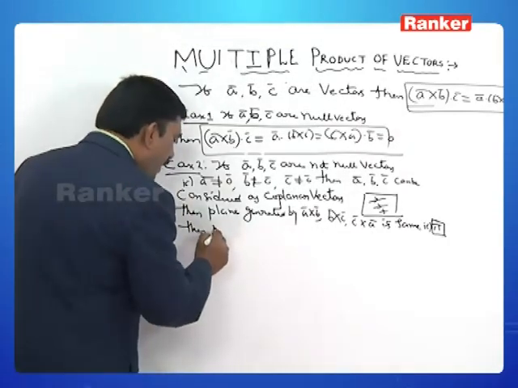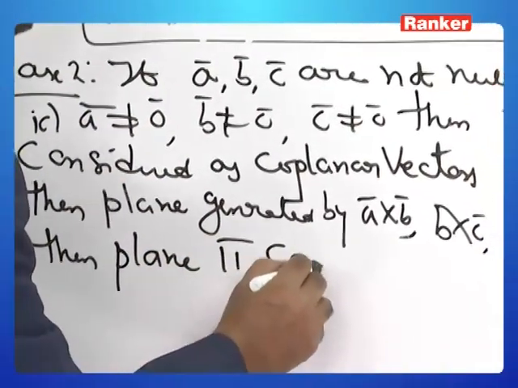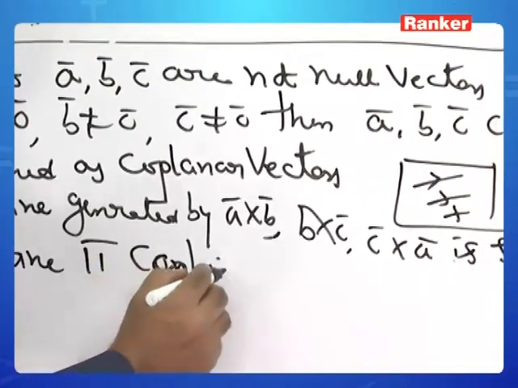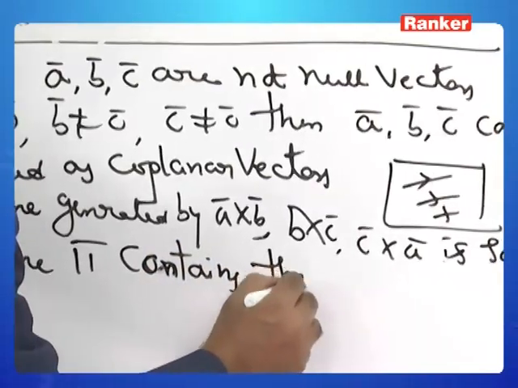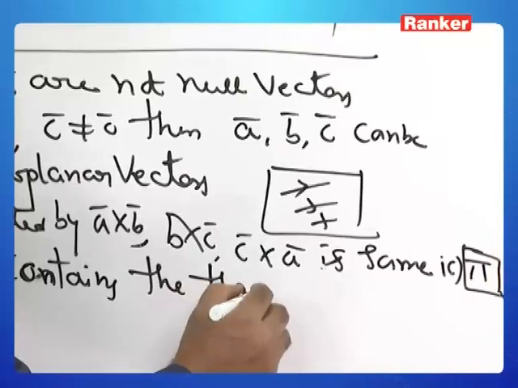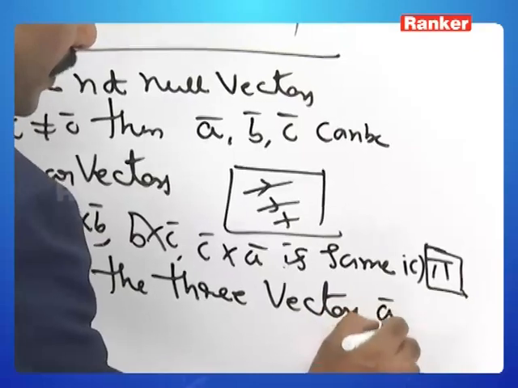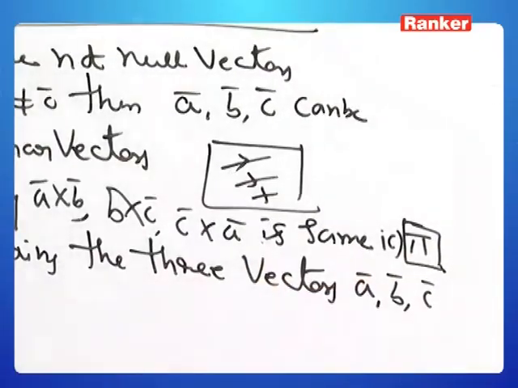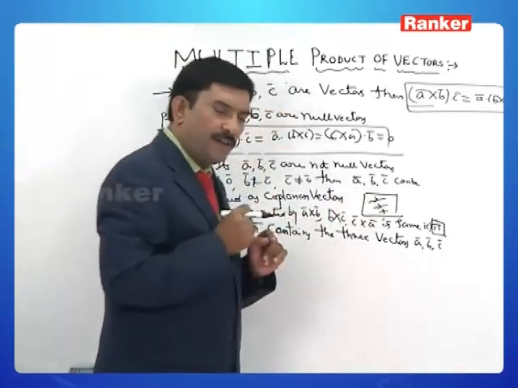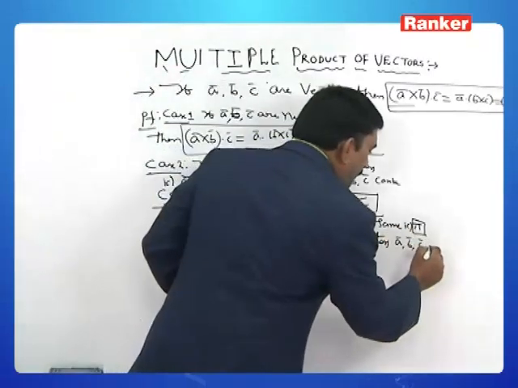Then plane pi contains the three vectors A bar, B bar, C bar. Since they are coplanar, the plane containing the three vectors A bar, B bar, C bar is the same.